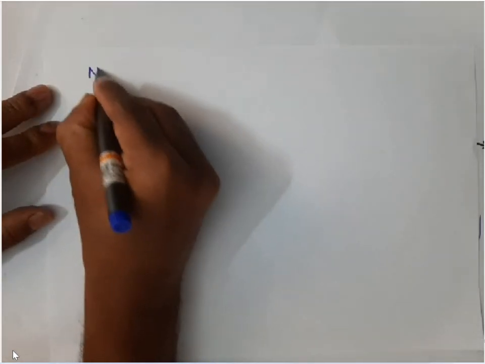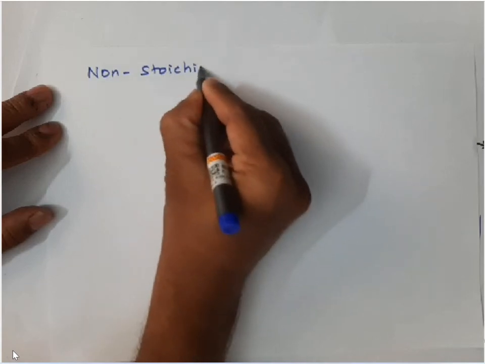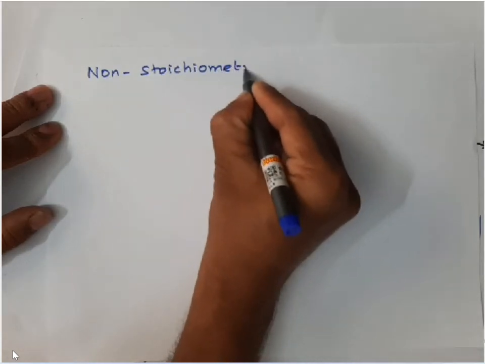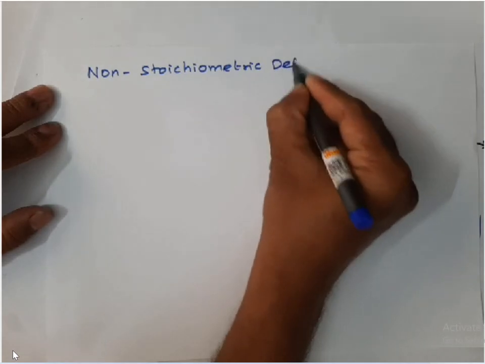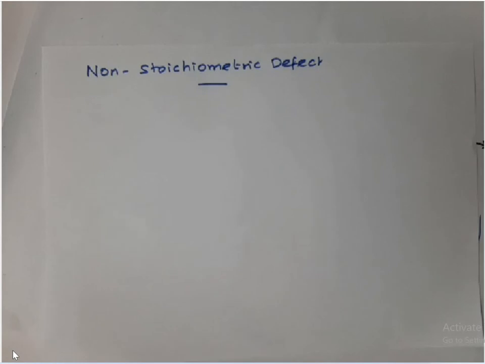So the second category is non-stoichiometric defect. What is meant by non-stoichiometric defect? I have told you already. What is the meaning?